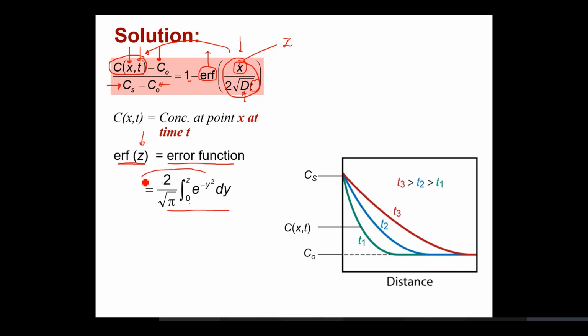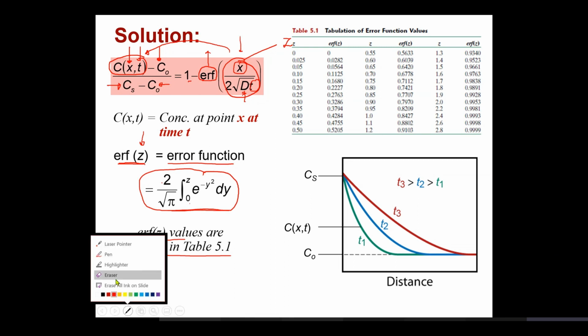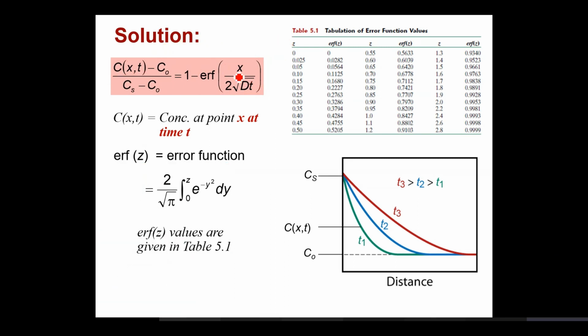Now you don't need to integrate this expression for yourself. This has already been done for you. You have a table for error function z values, given in table 5.1, shown over here. So if you know the value of z, you can go to the table.